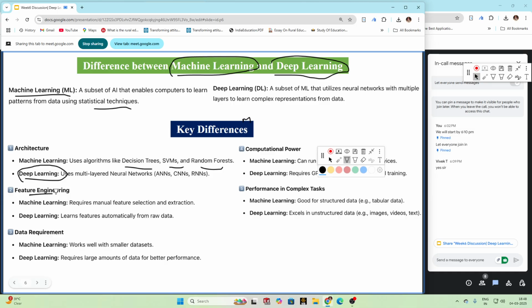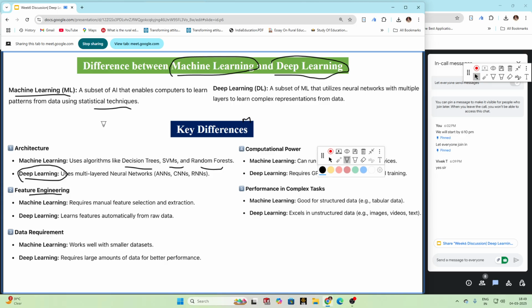Second thing is feature engineering. Machine learning requires manual feature selection and extraction. In machine learning, whenever you supply the data, you have to make the model understand what the features are.